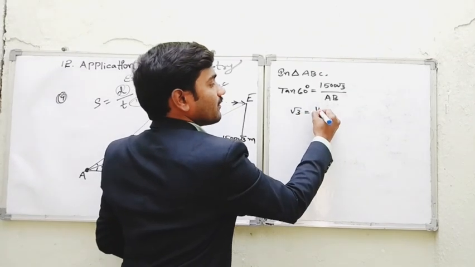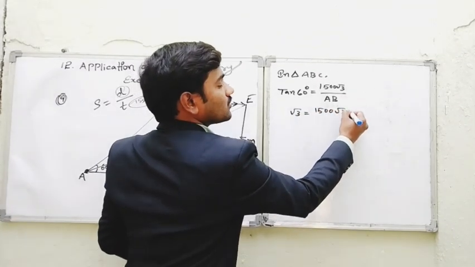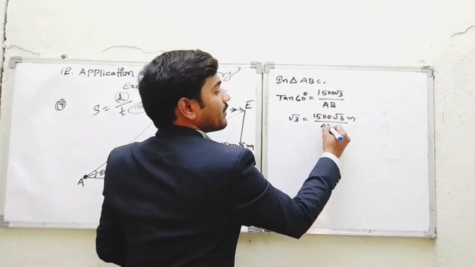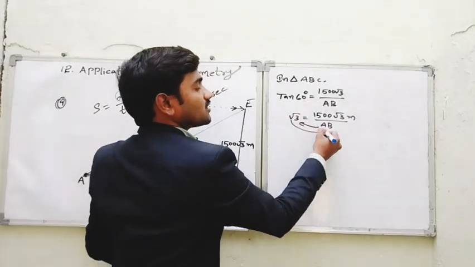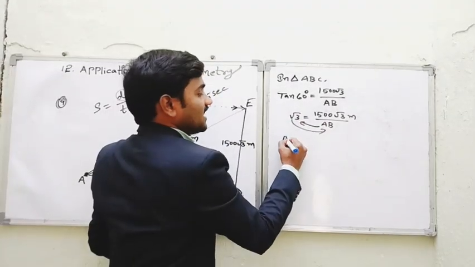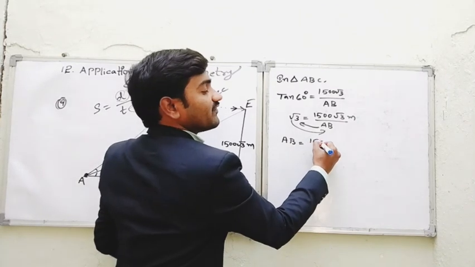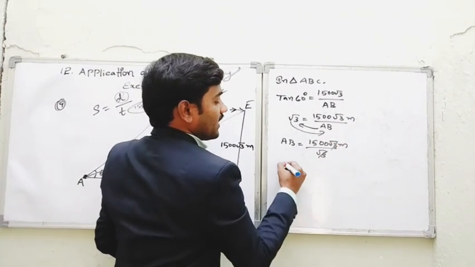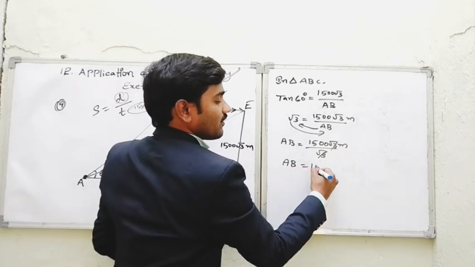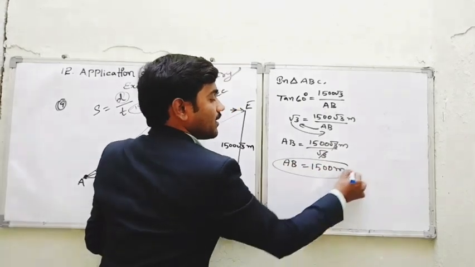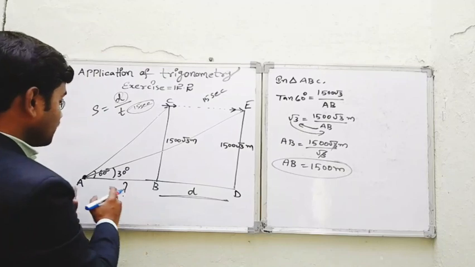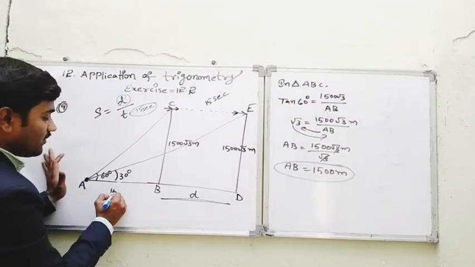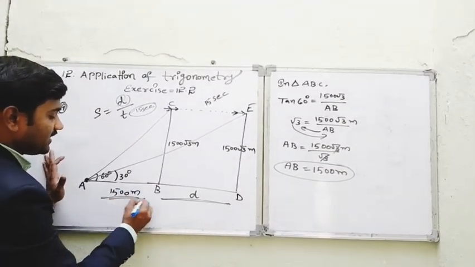So root 3 equals 1500 root 3 meters by AB. Transferring, AB equals 1500 root 3 meters by root 3. Hence AB equals 1500 meters. That means the distance from A to B, AB, equals 1500 meters.